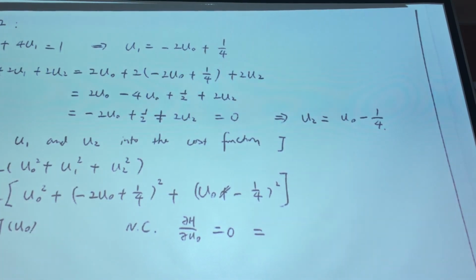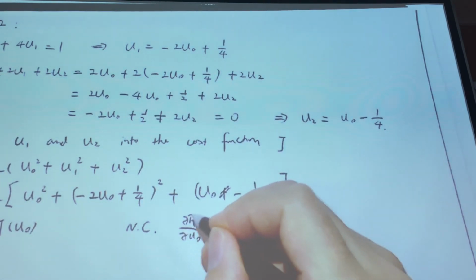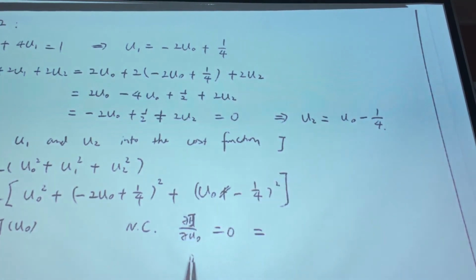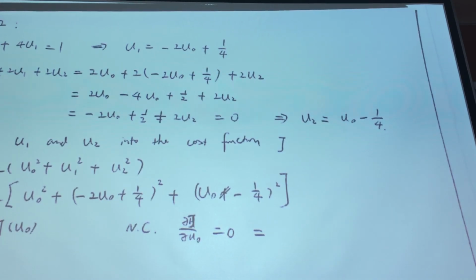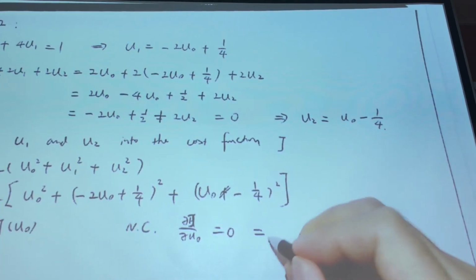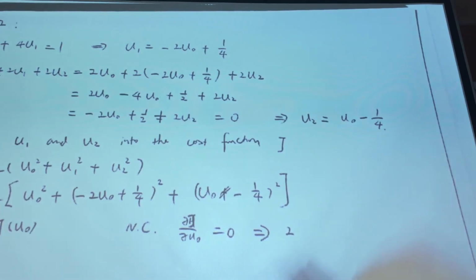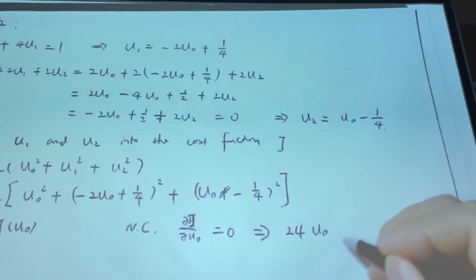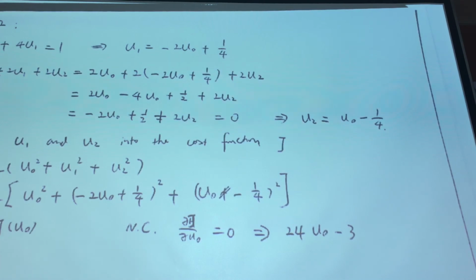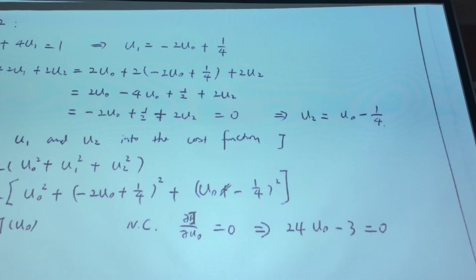If you calculate the gradient of J with respect to u0, you will get 24u0 minus 3 equal to 0. From this you can solve u0 to be 1/8.